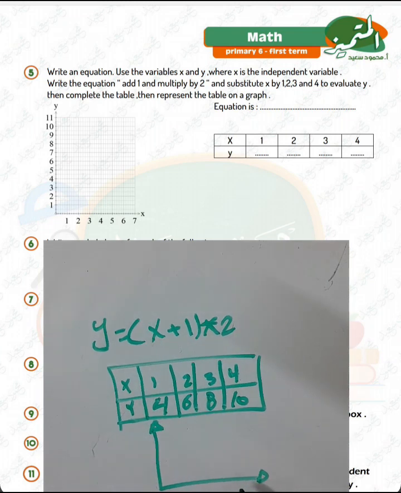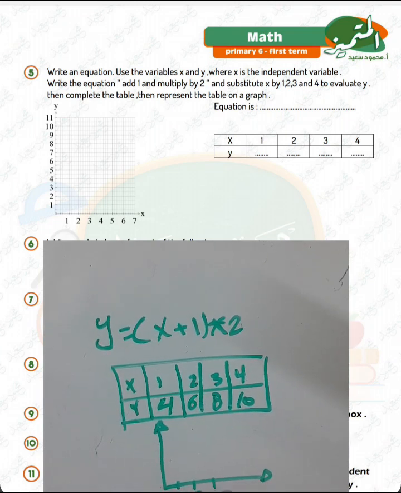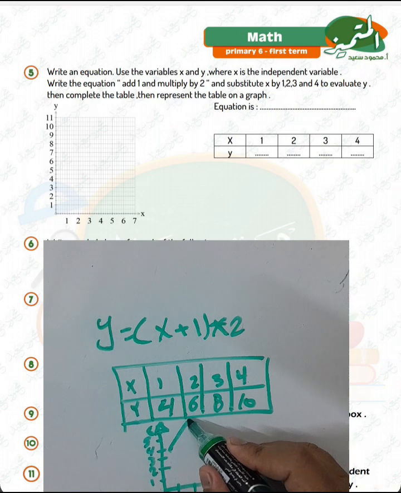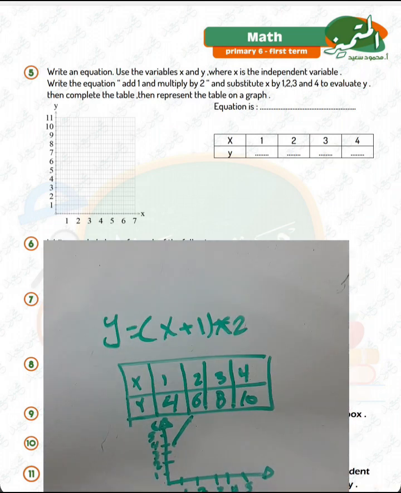Then draw the graph with 1, 2, 3, 4, 5 on both axes. In this example the points are 1 to 4 and 2 to 6. You can draw it completely on your page.